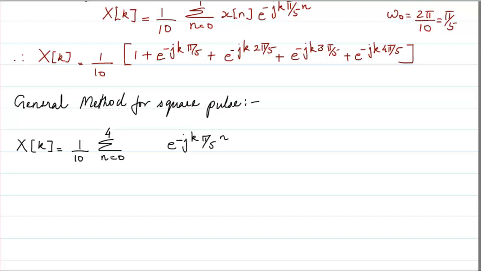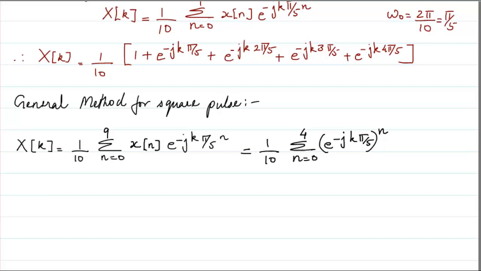So I will write it as a separate equation. X k is 1 by 10, summation from n is equal to 0 to 4, and within those values the value of x of n is equal to 1. So I have e raised to power minus j k pi by 5, the whole raised to power n, because it's one and the same thing.